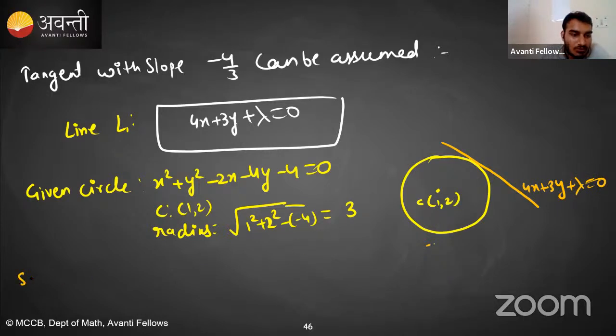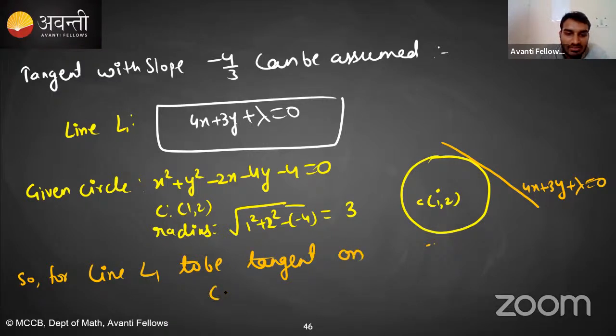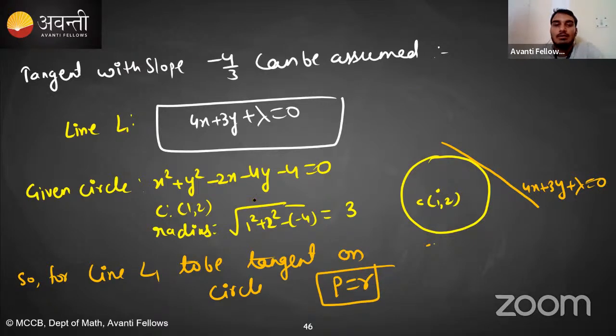So for line L1 to be tangent on the circle, तो अगर मुझे L1 लाइन को टेंजेंट बनानी है सर्कल पे, so what should be the condition? Tell me quickly in the chat box, what should be the condition? Yes, P is equal to R, right?